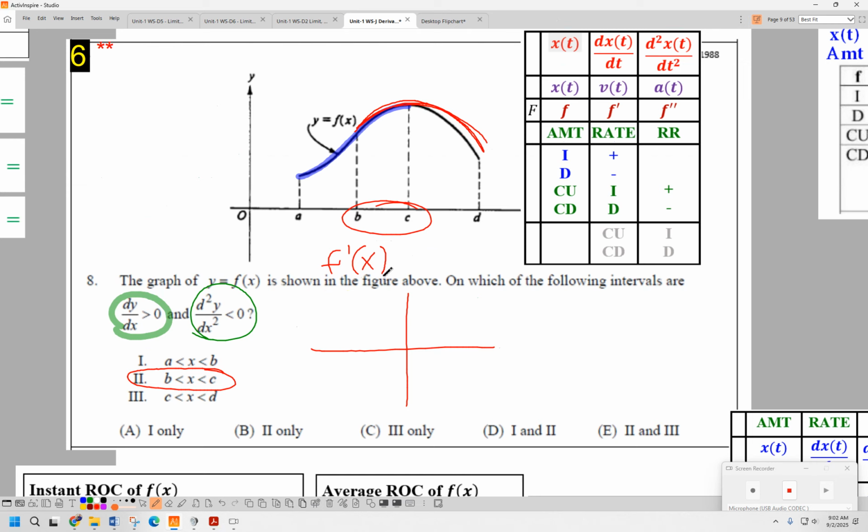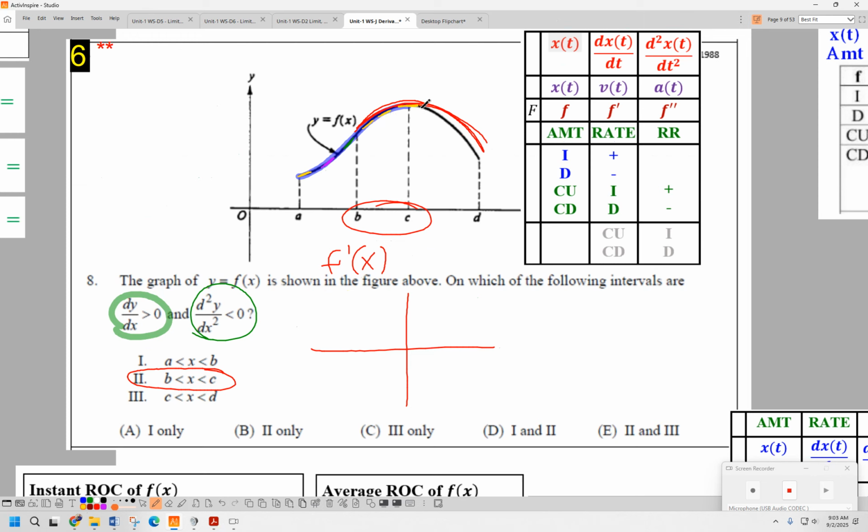The slope of f, right here, is some positive value, and then the slope of f becomes more positive. And then again, more positive. And then the slope of f stops becoming more positive and starts to become less positive, and then 0.